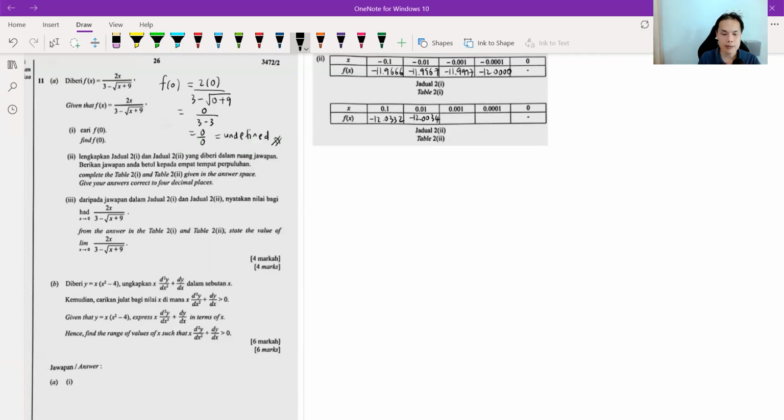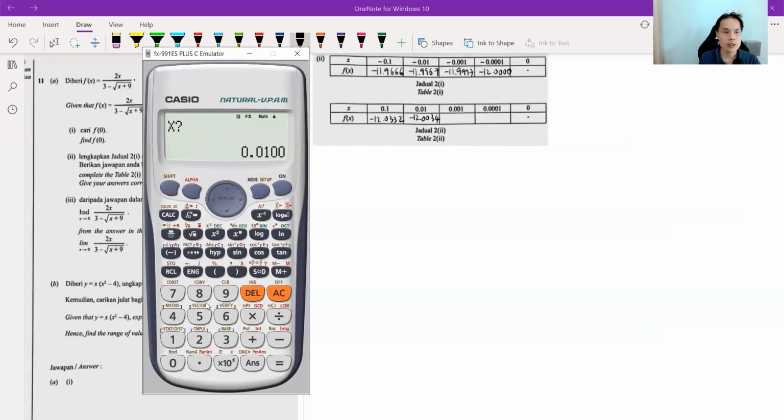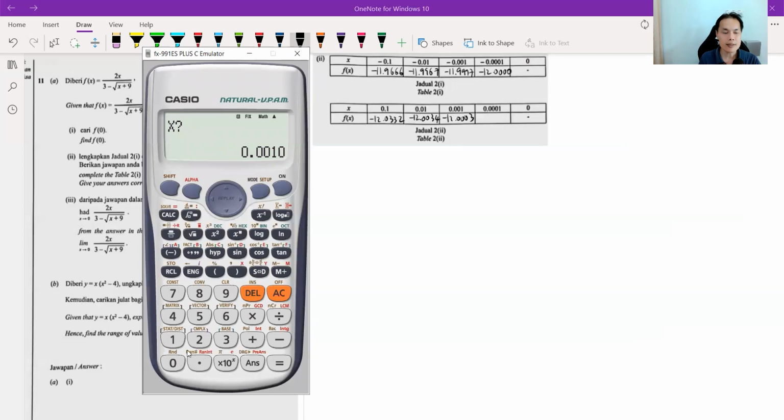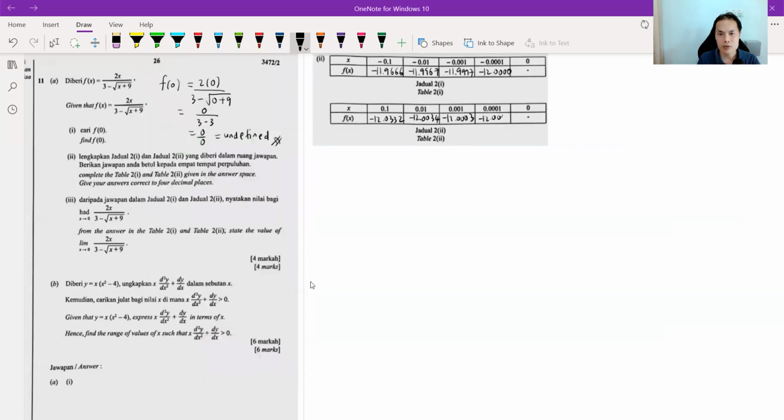All right, next, I'm going to use more decimal points. 0.001. This is negative 12.0003, right? Okay, and lastly, 0.00001, I got negative 12.0000. Okay, so it's not difficult, right?